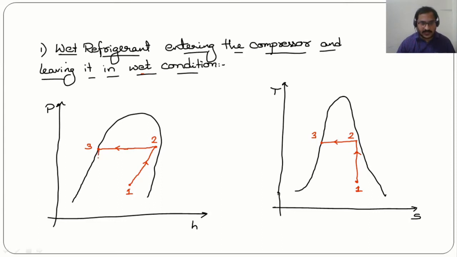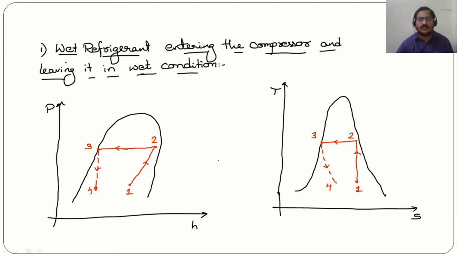So this throttling expansion is represented as a dotted line here. The reason is that this throttling expansion is an irreversible process. So 3 to 4 should be represented as a dotted line. Then in the TS diagram, due to expansion, there will be a drop in temperature, but there will be an increase in the entropy. So 3 to 4 you will get like this.